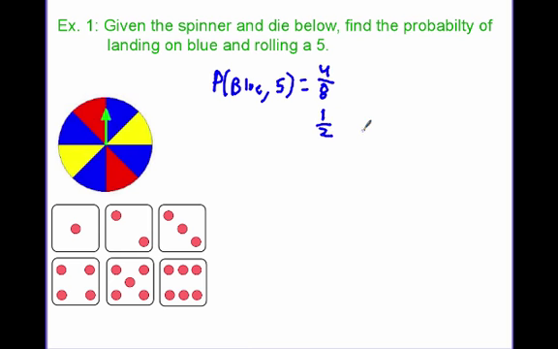Now I'm going to find the probability of getting a 5. There's one 5 out of 6 total possibilities. That's 1/6. That doesn't reduce.